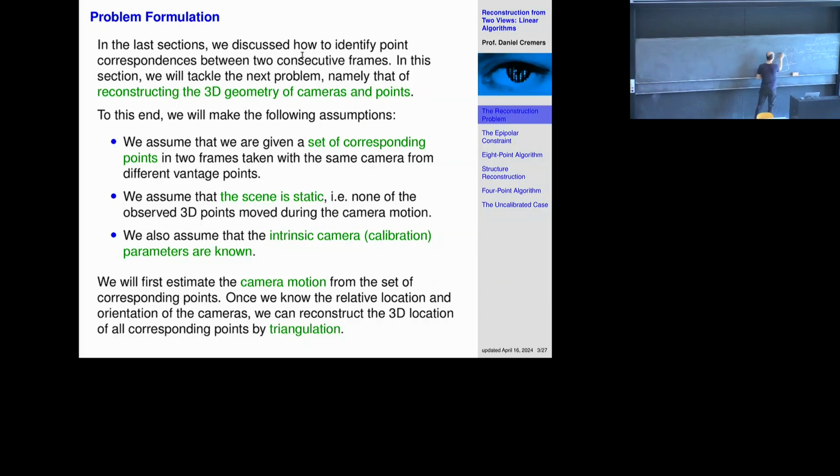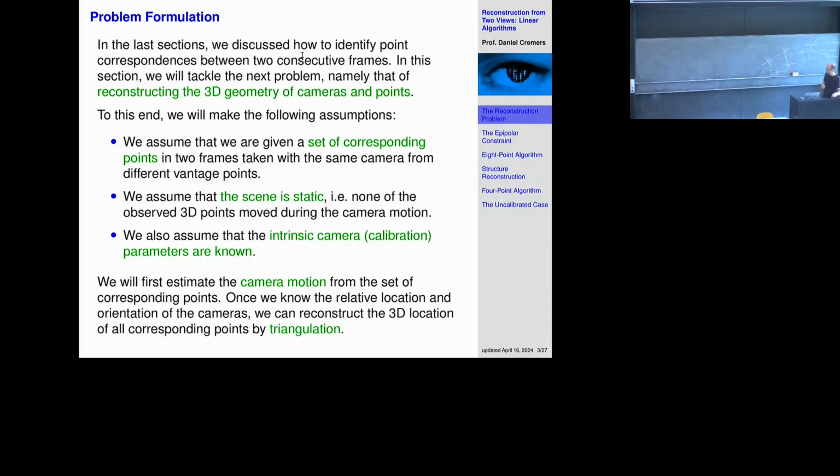You just extend this ray and you extend that ray, and wherever they intersect, that is your 3D point, right? So in that sense you see, if one part of this chicken and egg problem of structure and motion is solved, then the rest is often trivial or easy.